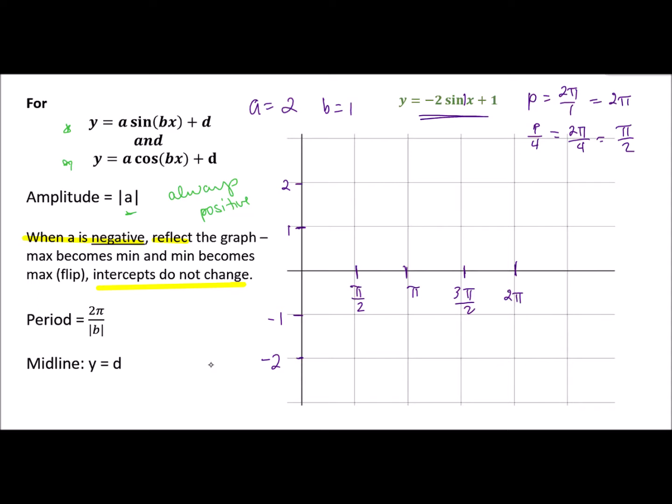Okay, this graph, we've got our A, B, and then we've also got D that we've got to figure out what that does. So this guy right here, that's your new midline at y equals 1. And we'll put that in a second. So key features here.